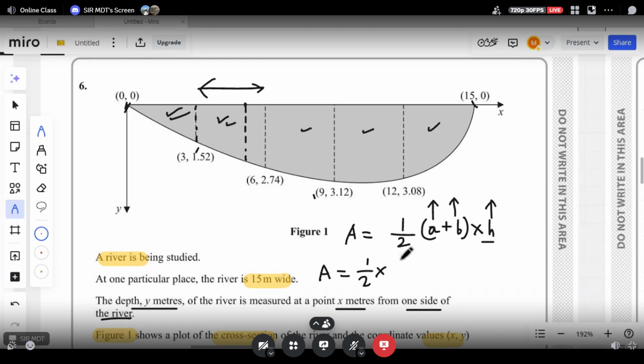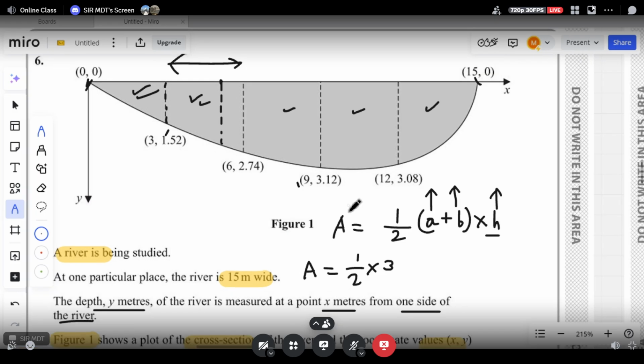So H is 3 in this case. Now the first height is 0. So 3 times what? We will put a second bracket there. The first one is 0. And the last one is also 0. So 0 plus 0. It's not required to be written, but just for explaining the concept of the trapezium rule, I'm showing.